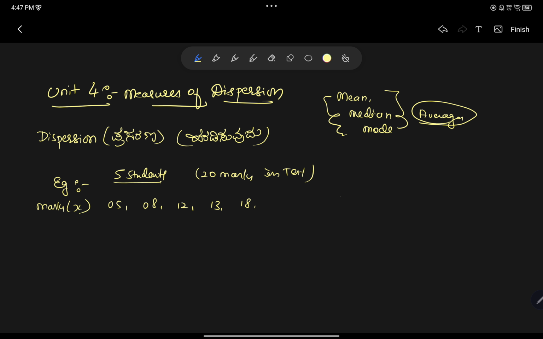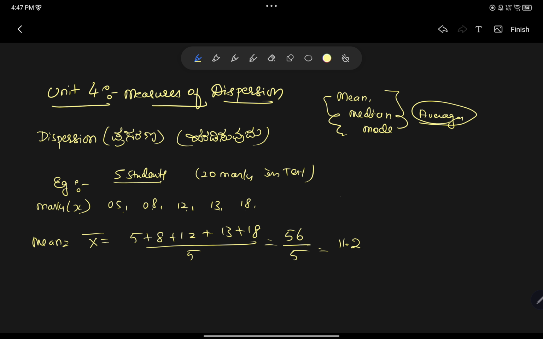If we find the mean of this, arithmetic mean, how do we calculate? 5 plus 8 plus 12 plus 13 plus 18, divided by how many numbers? 1, 2, 3, 4, 5. 5 numbers, right? So if we add all this, the total is 56, divided by 5.